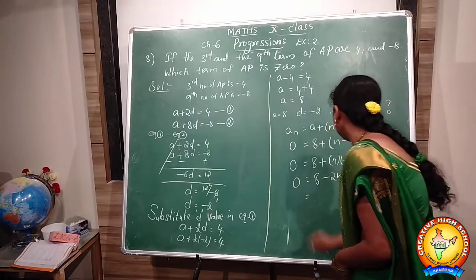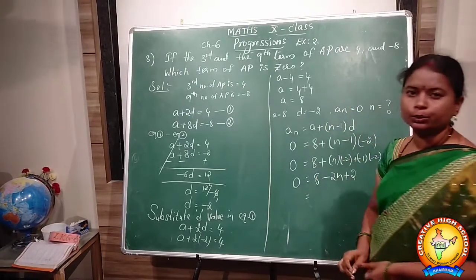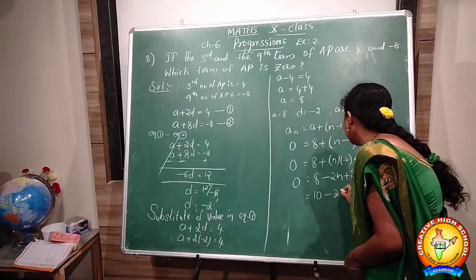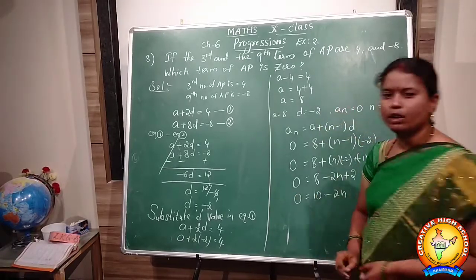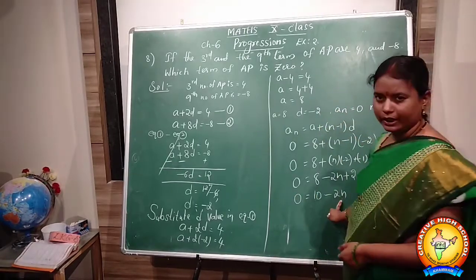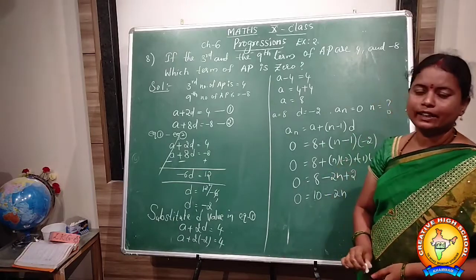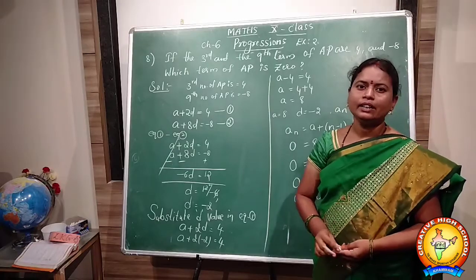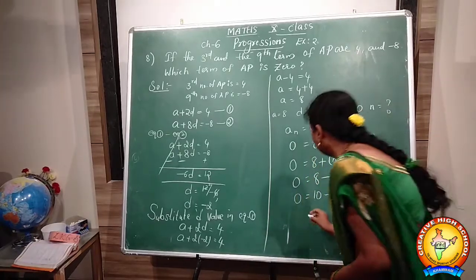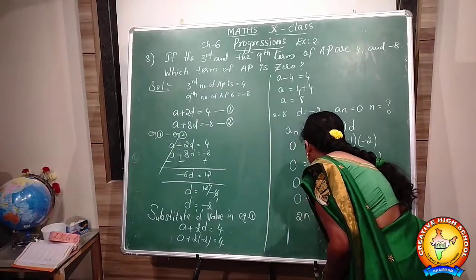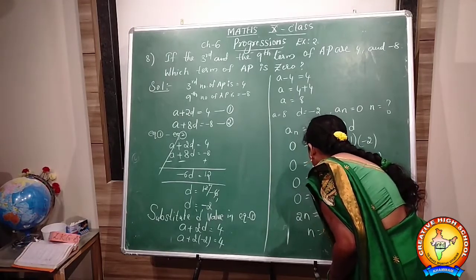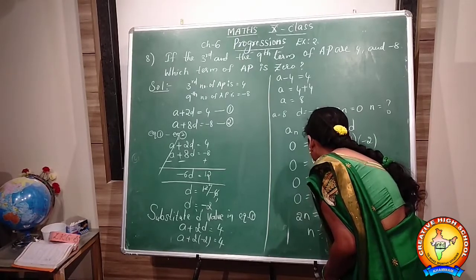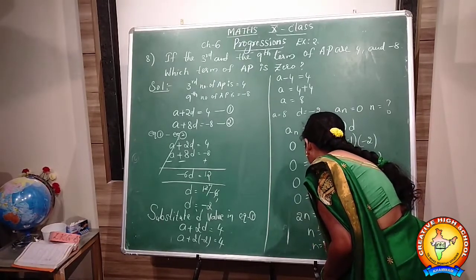So minus 2n, 8 plus 2 it will become 10. 10 minus 2n is equal to 0. Minus 2n, take it to the left side, then we will get the n value. Minus 2n, if we take to the left side, it will become plus 2n. 2n is equal to 10, n is equal to 10 by 2, that is equal to 5. n is equal to 5.